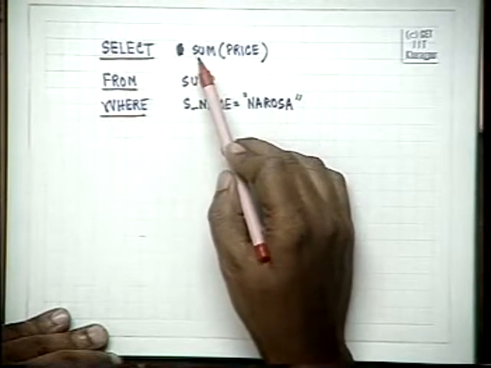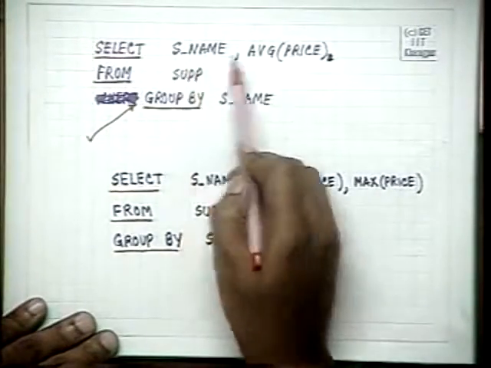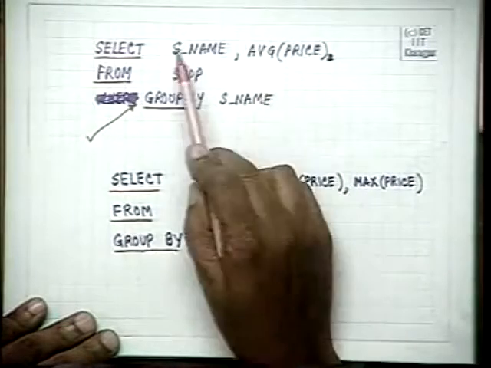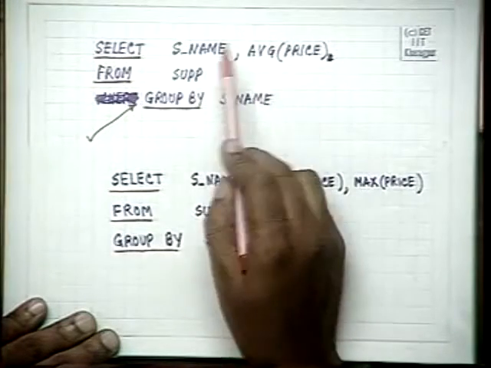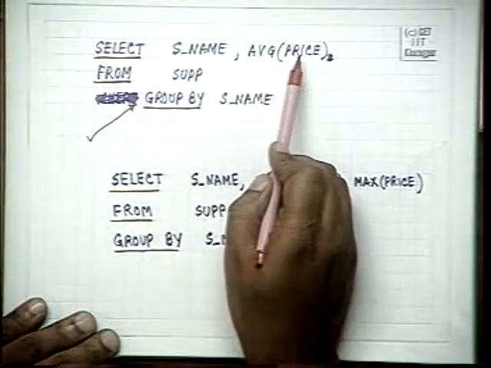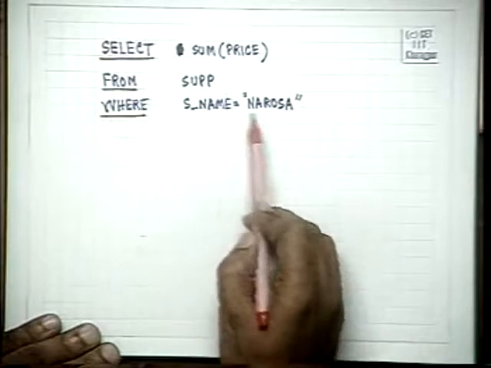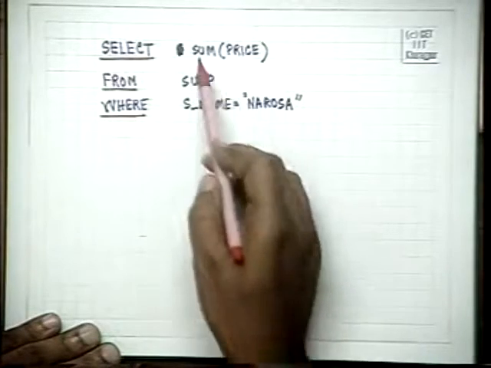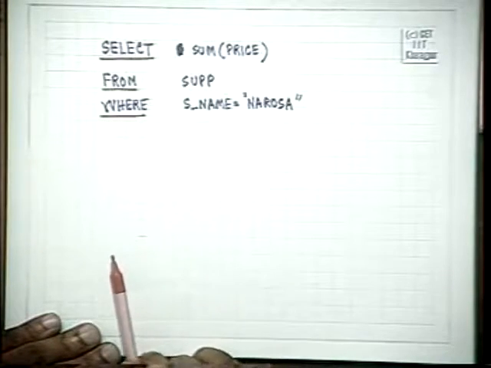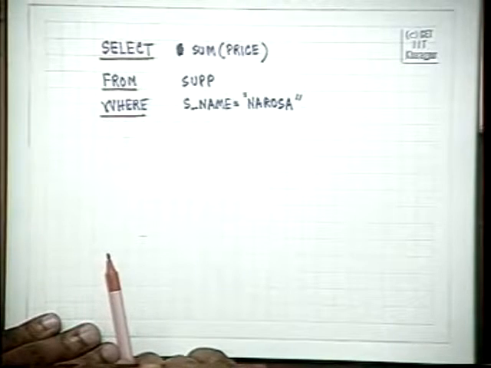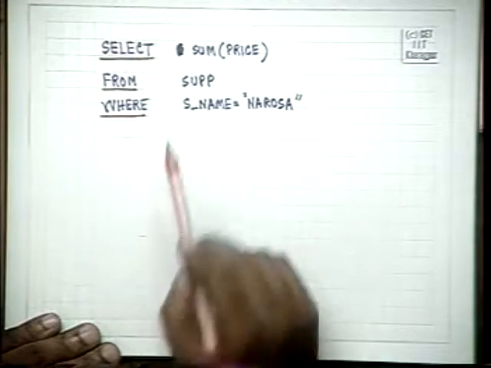If you have a situation like this, you are returned with a table with a name and a price. So corresponding to this name you had the price, so you grouped it by this name. But in here you have selected out Narosa, so you need not have the name of Narosa.